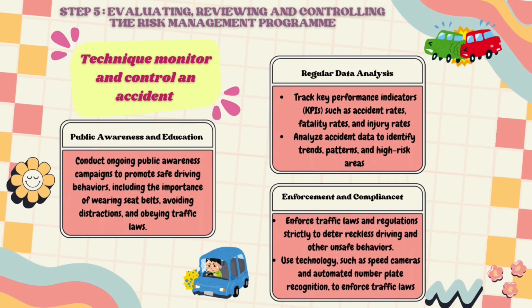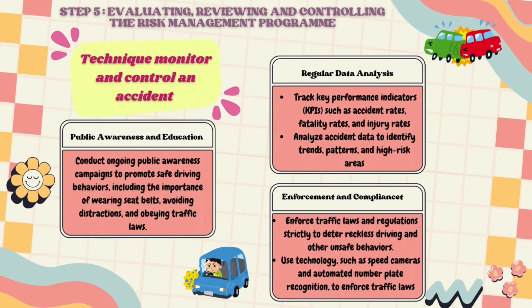Step 5. Technique to monitor and control an accident. The first one is public awareness and education, such as making a campaign to promote safe driving behavior, the importance of wearing seatbelts, avoiding distraction, and obeying traffic laws.